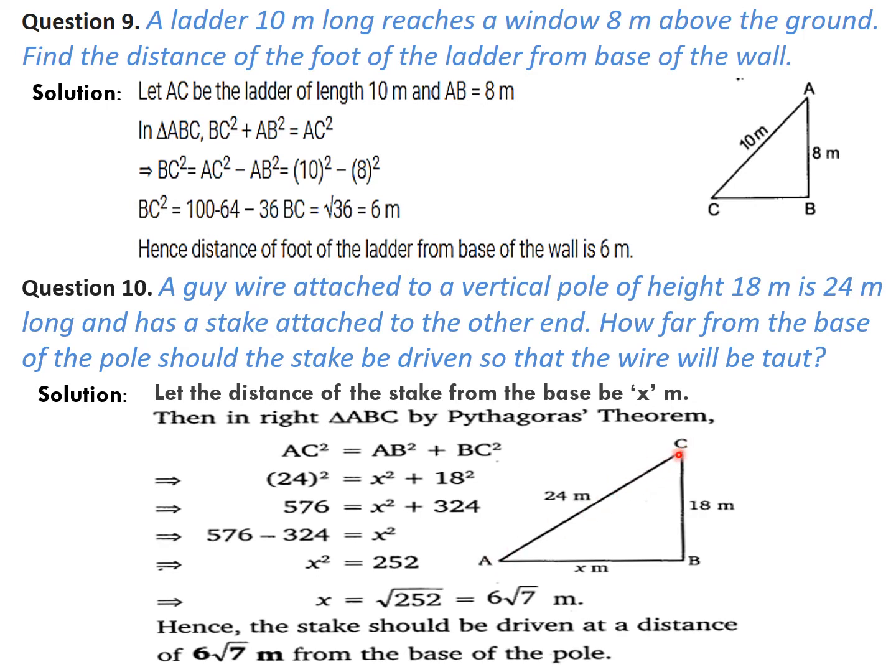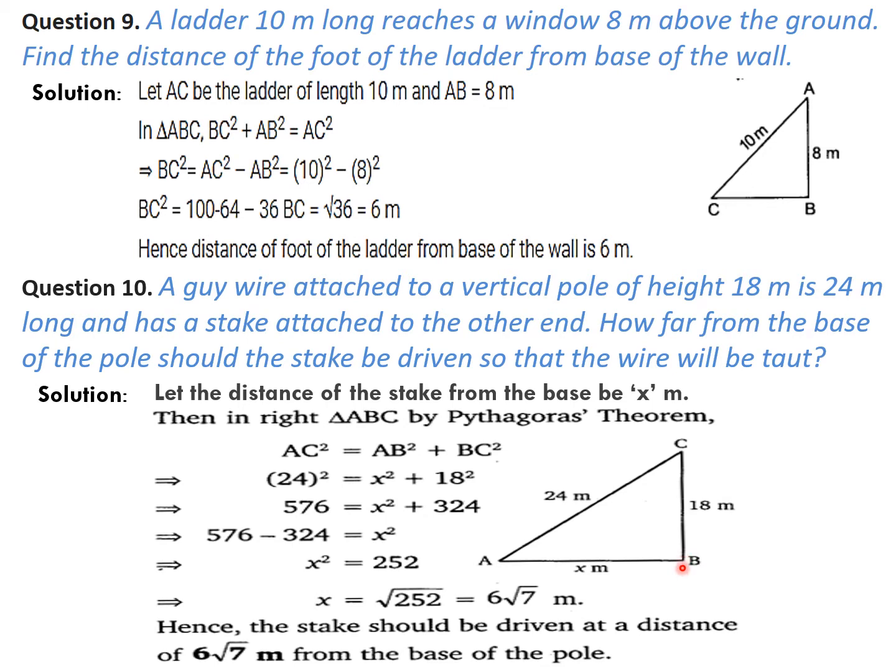We have to find the length of AB so that AC has been stretched to its maximum and it is a straight line. So keeping that in mind, we have to find the distance between the stake of the rope and the base of the pole.